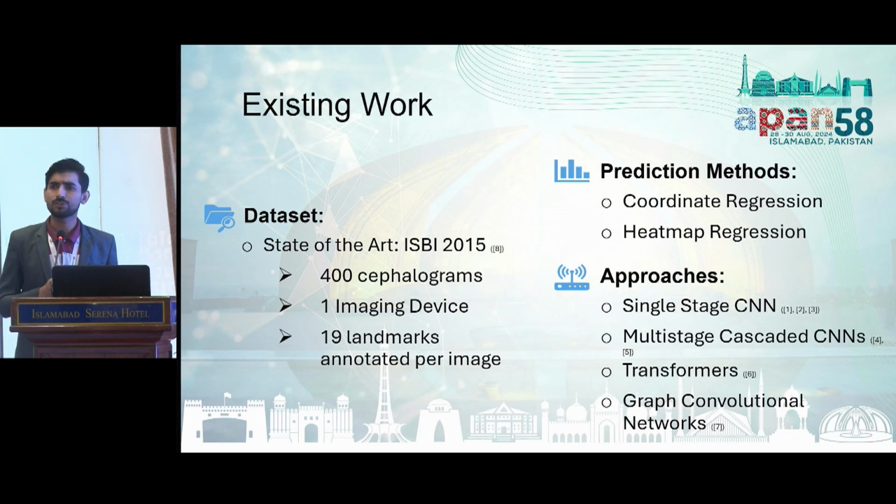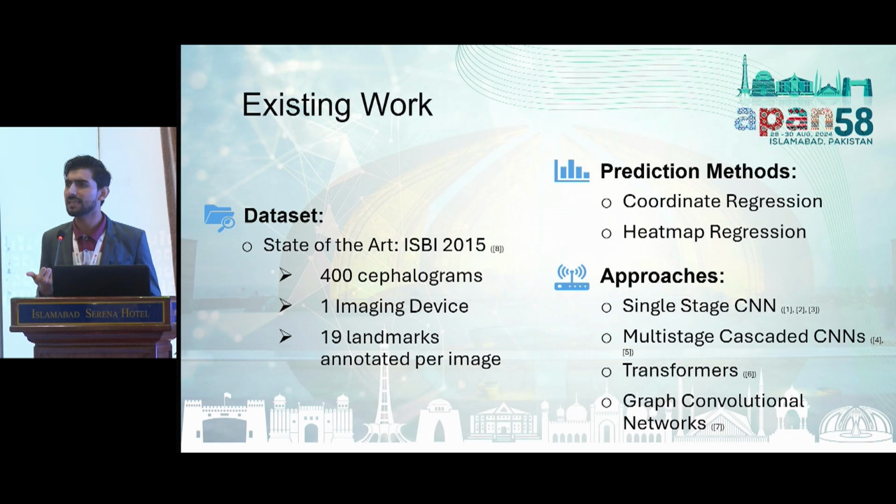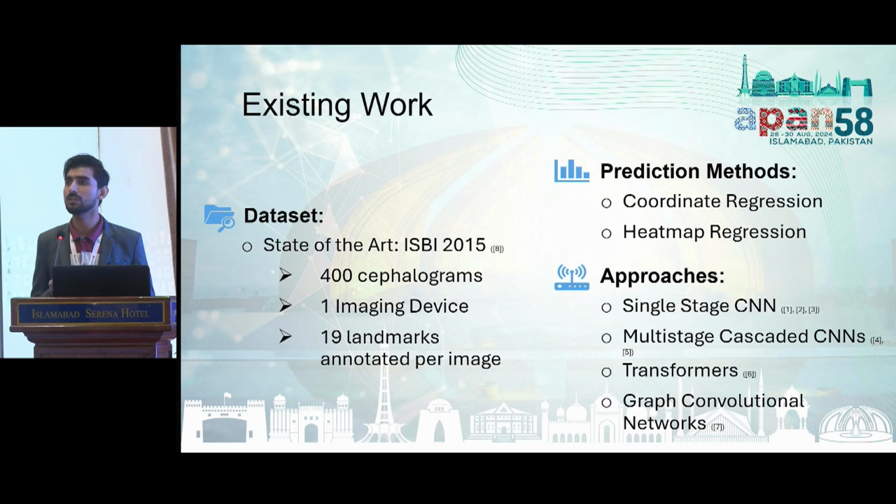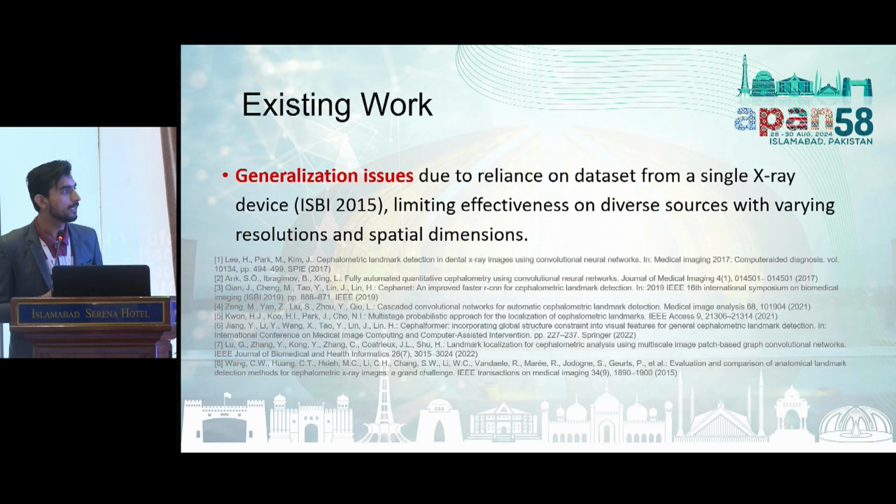There are some other approaches in which they use a single CNN architecture or multiple two-stage cascaded CNN architectures. Once we have vision transformers, transformers are employed, and now the literature is also exploring graph convolutional neural networks, GCNs, as well.